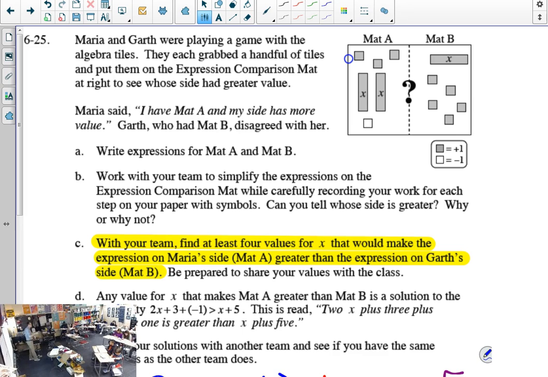So can x be 3.0000000000001? Is that bigger than 3? Can x be 3,008,600,042? 8 billion, 6 million, I don't remember.